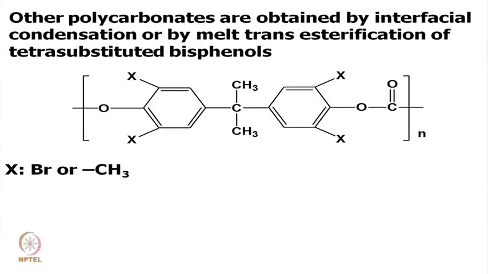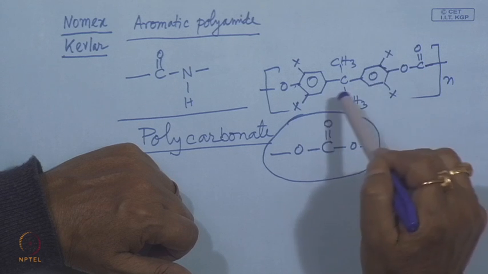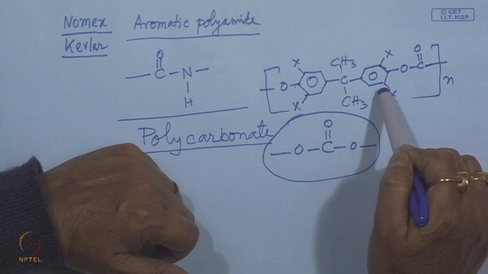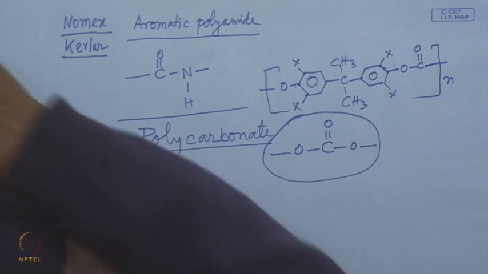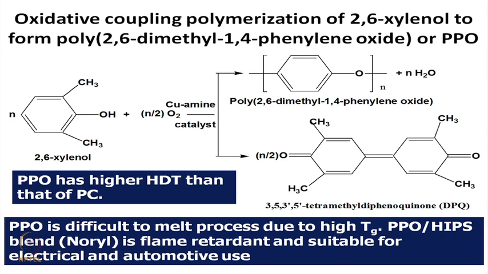Here X might be some halogen atoms, in most cases bromine, or sometimes even a methyl group. So, polycarbonates can be of different grades depending on the presence or absence of substitution on the phenyl ring of the bisphenol A component. We can have different grades of polycarbonate.